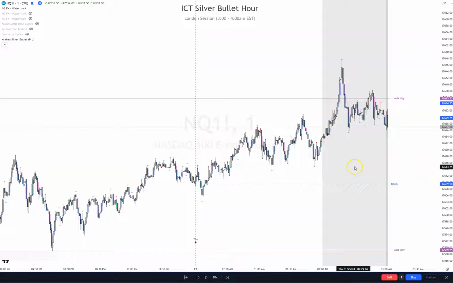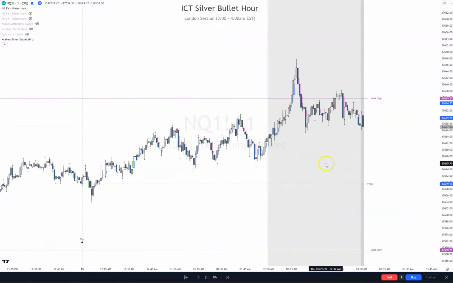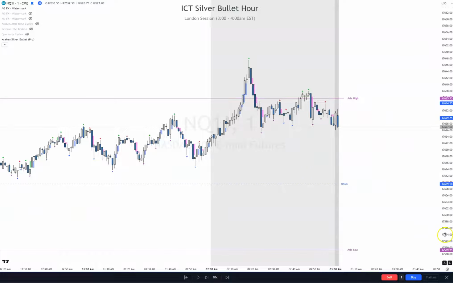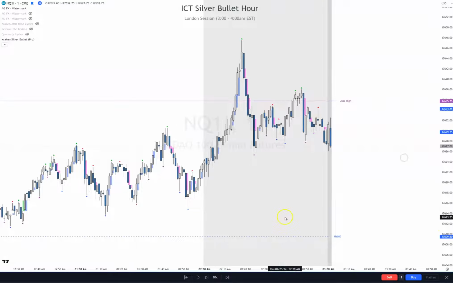So it comes up, I could see it either coming all the way down and taking all of this, which ideally would be great, so it gives me something to go enter short here. Or it's going to take out some of this and then go higher. We don't know, right? It's Thursday, so we'll see how this plays out.